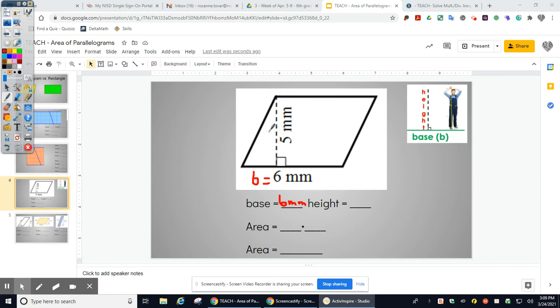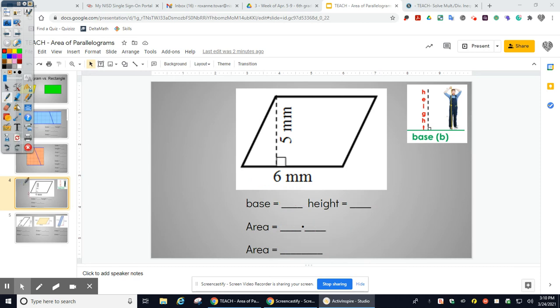And we have a height of 5 millimeters. So all we're going to do to find our area is do our base times our height. So we're going to do 6 millimeters times 5 millimeters. And 6 times 5 is 30. And millimeters times millimeters is going to be millimeters squared.